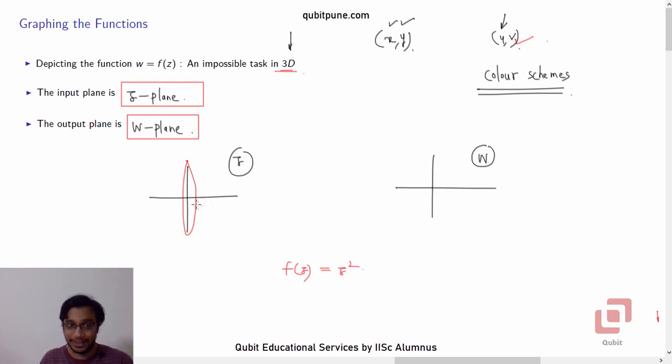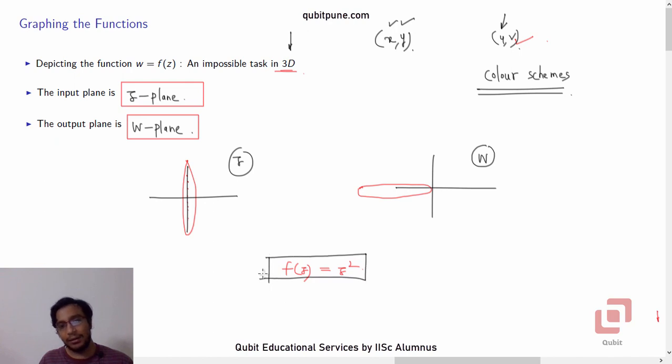Because i squared is -1 and squares of all purely imaginary numbers are negative real numbers. And 0 squared is 0. So any point on the imaginary axis gets mapped to the negative real axis if the function is f of z equal to z squared.